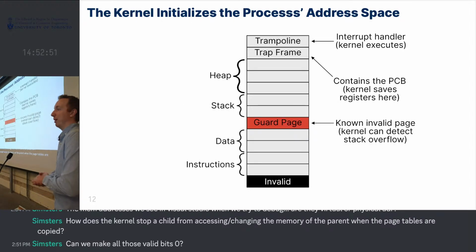So a process's address space might look something like this. This is from the little xv6 kernel, and this is how it lays out a process's address space. What the kernel would do is take the first page, which would be addresses from 0 all the way to FFF, and map that to an invalid page. Why?